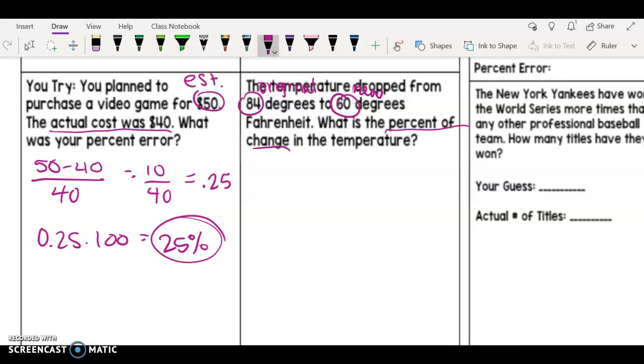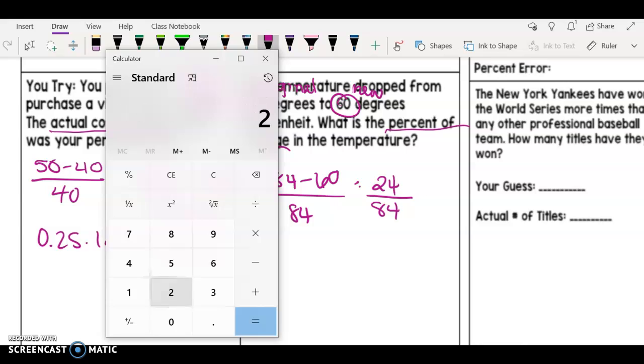So this is going back to what we did earlier in example 1, and we're going to do our original because that one's bigger. It's a decrease, minus our new divided by our original. So 84 minus 60 is 24 over 84. I'm going to divide that in my calculator.